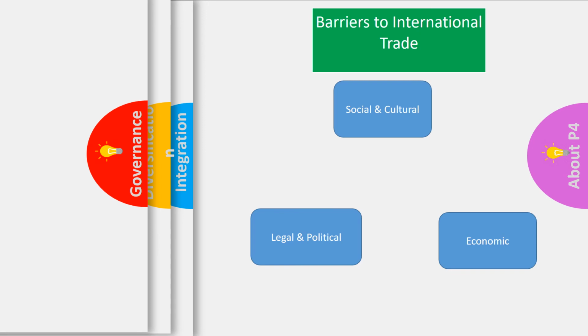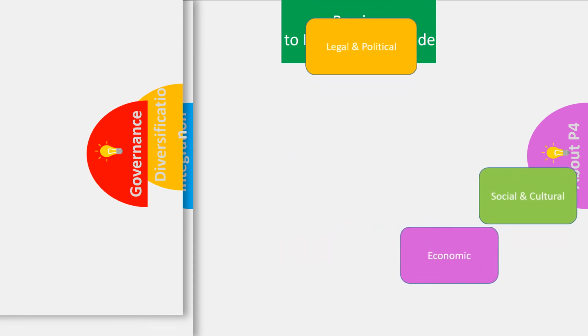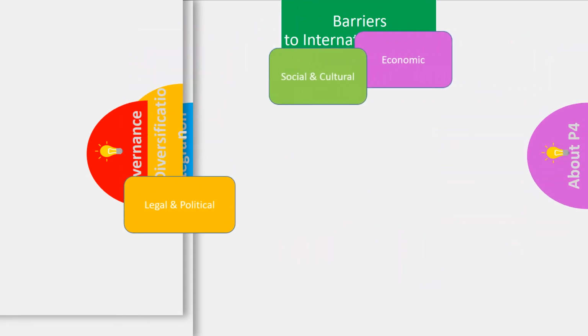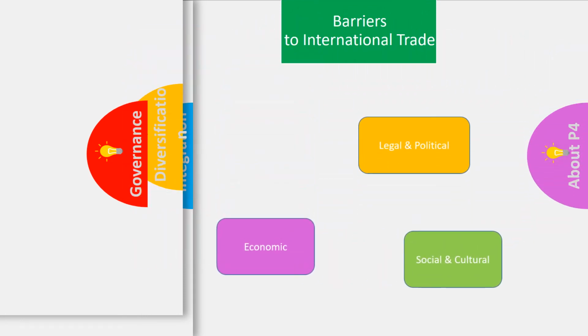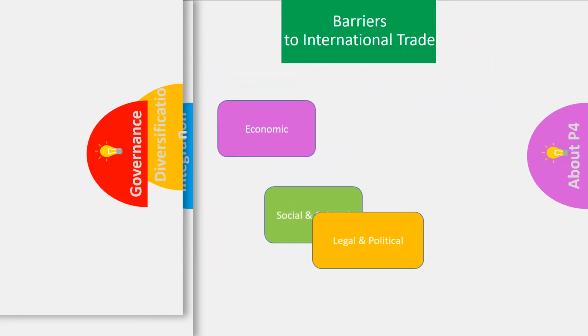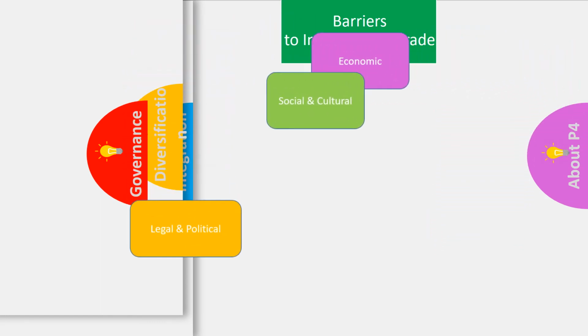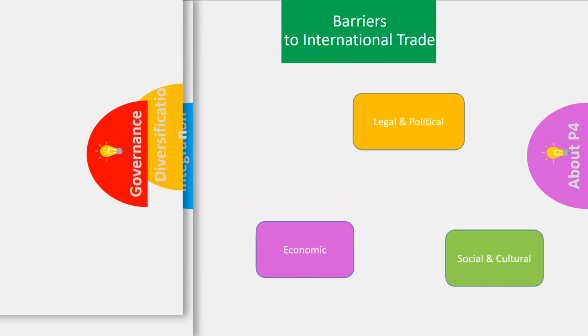What are the social and cultural barriers? And economic barriers. We have to say to ourselves, how are these factors actually going to affect economic factors within the UK or a specific country?